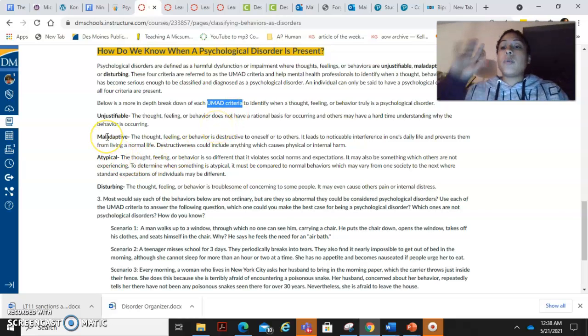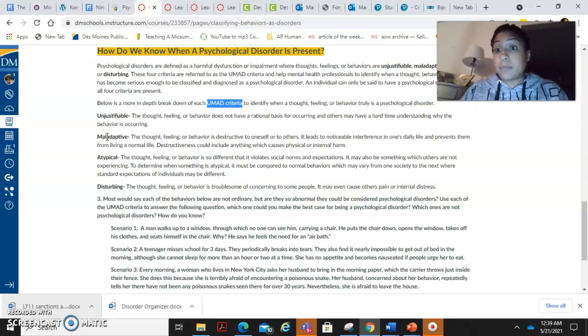All right, so remember, we're viewing behavior through a lens. We're looking at the behavior, and we're trying to say, is that behavior telling us that that person may be suffering from a psychological disorder? Is that behavior abnormal? And does that abnormal behavior indicate a possible psychological disorder being present?